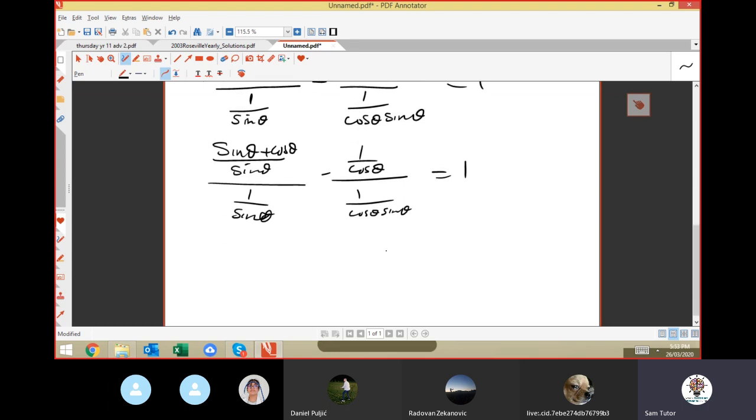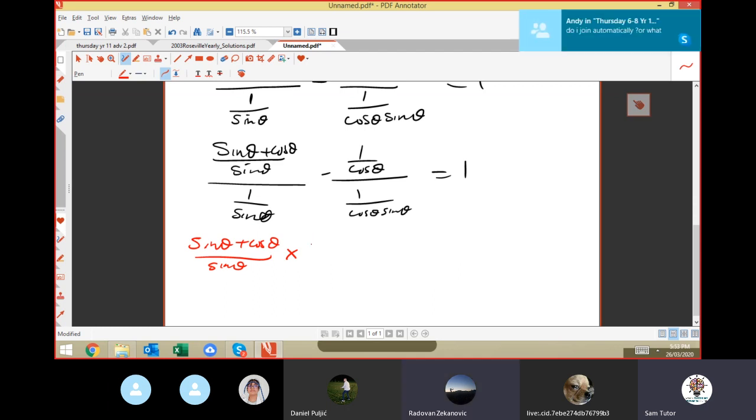So what we're going to do is just do this left bit. You would write it like this: sine theta plus cos theta on sine theta times what? What did you say, Rad? Times sine on 1. Sine theta on 1.